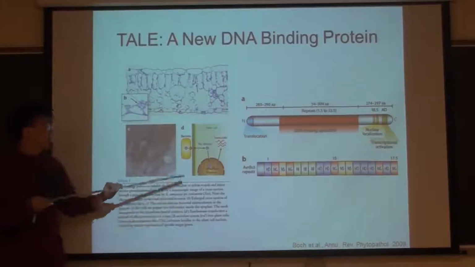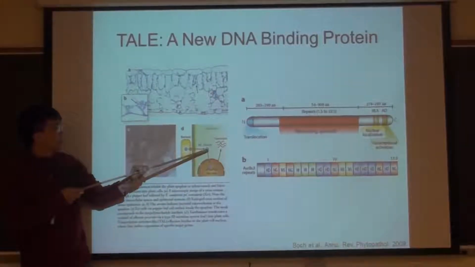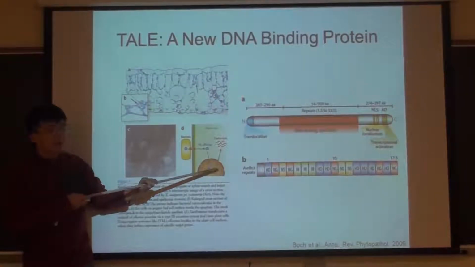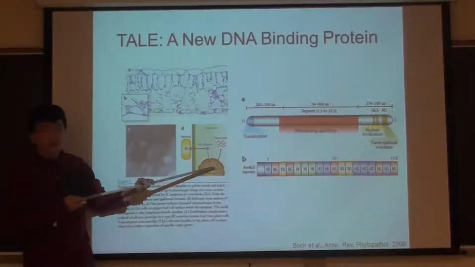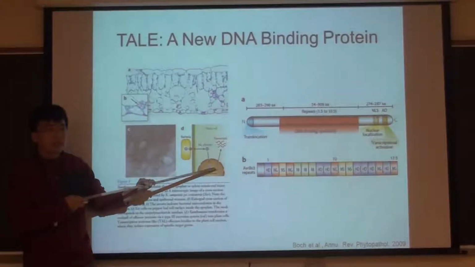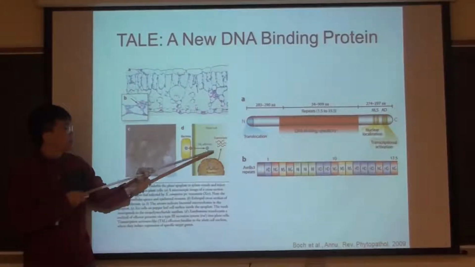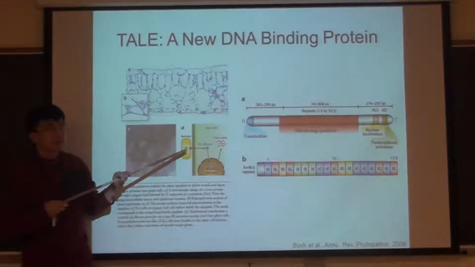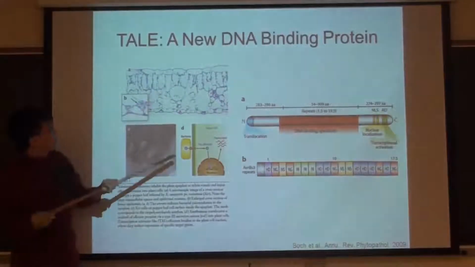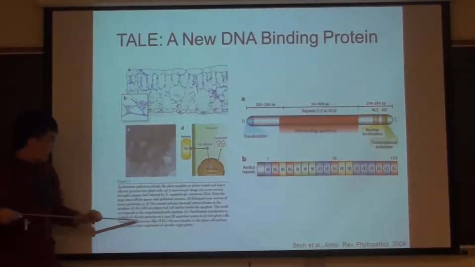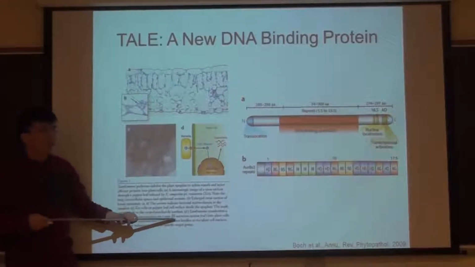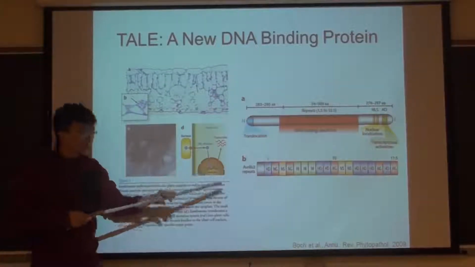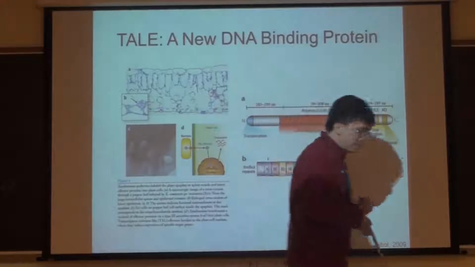So this bacterial protein, TAL, goes to the nucleus of the plant cell, binds the DNA to activate the transcription of certain genes that are useful for the survival of the bacteria. TAL stands for transcription activator-like effectors the bacteria produces to influence the host gene expression.